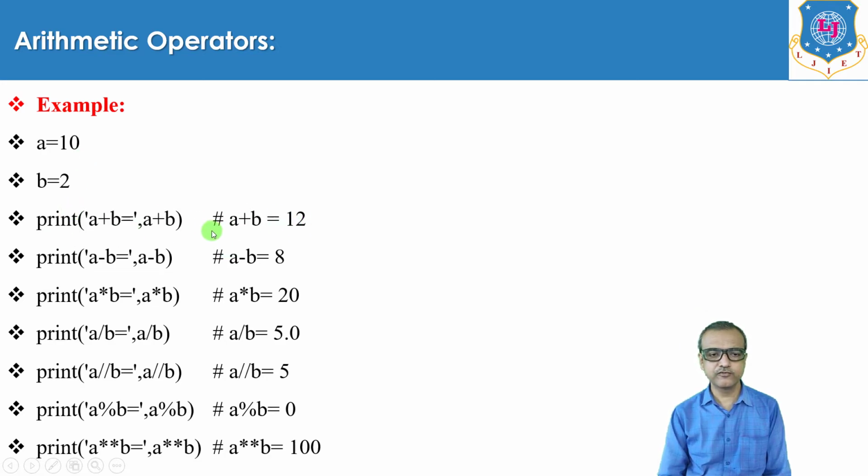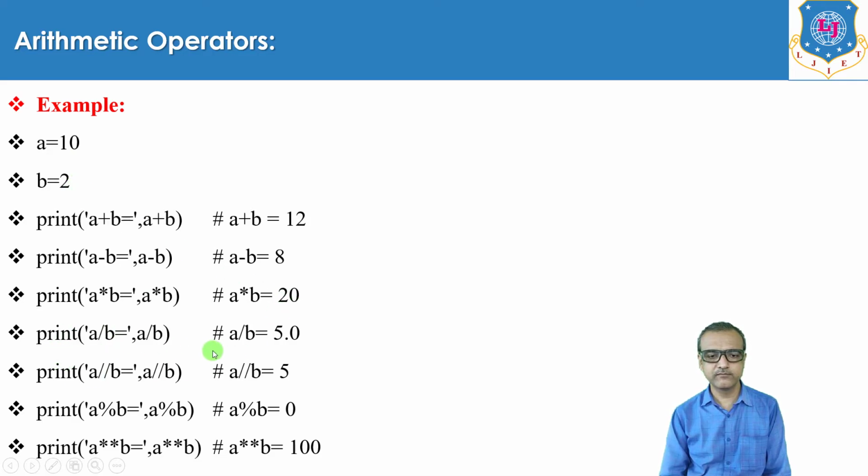So the output of this print statement, that is a plus b equals to 12. Similarly, print of a minus b equals to comma a minus b will give us a minus b equals to 10 minus 2, that is 8. Similarly, print of a into b equals to comma a star b, it will give us a star b, that is equals to multiplication of 10 into 2, that is 20.